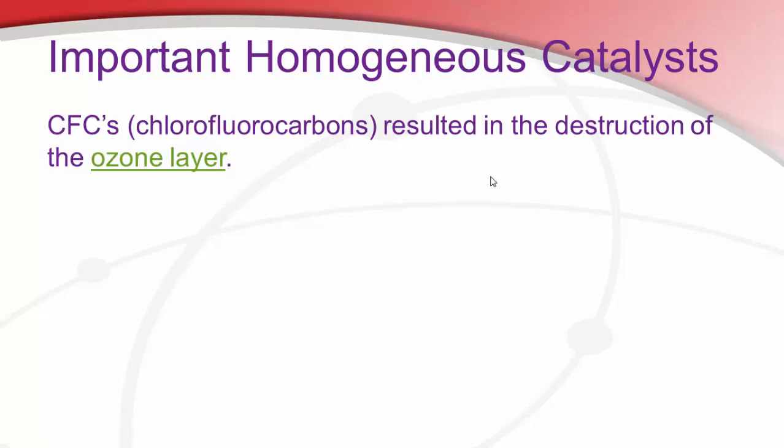So throughout the 60s, 70s, and 80s, chlorofluorocarbons were used as propellants in aerosol cans. And the Montreal Protocol eventually discontinued their use. But during the 30 or so years that they were used, unfortunately, they caused a massive destruction in the ozone layer that protects us from UV light.